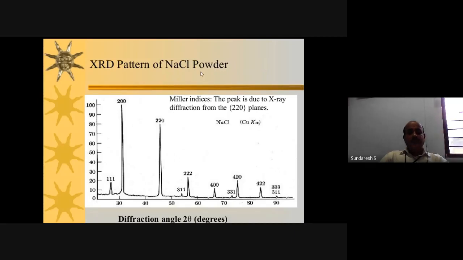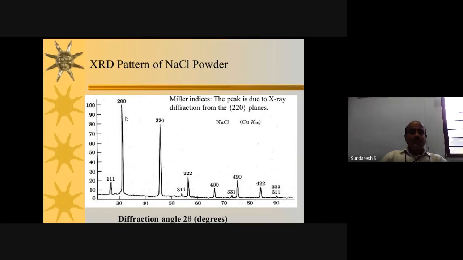And this is a simple XRD pattern of sodium chloride powder. Once you check the phases of any component, the pattern you are going to get will be in this form. The pattern we are showing here is for sodium chloride powder.